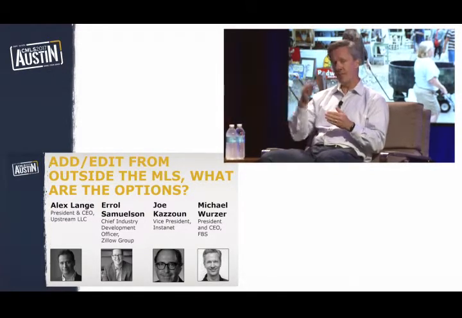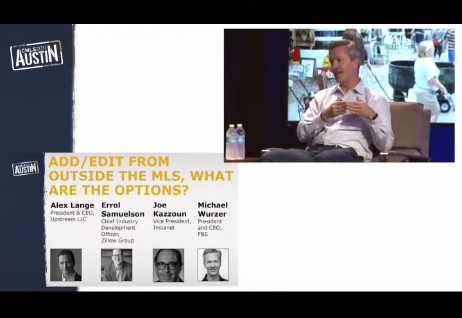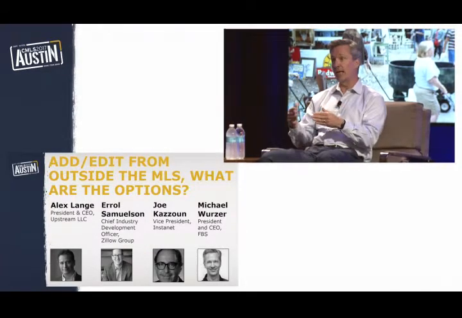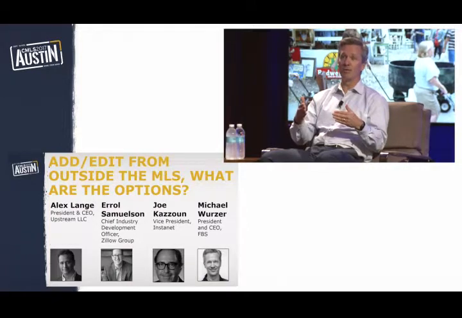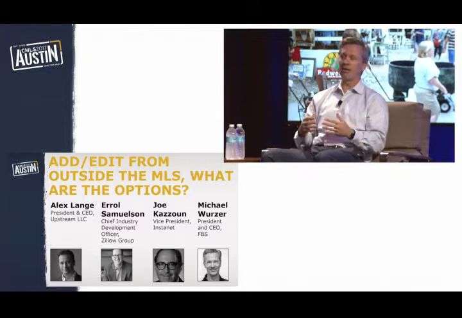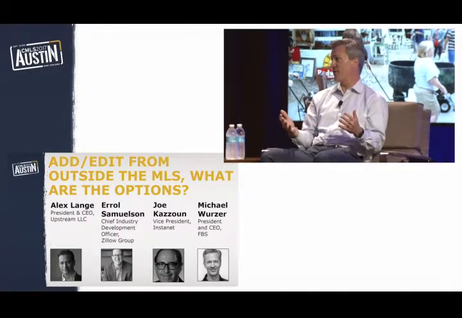And once you have that investment made, it takes on a life of its own. You just look at what's happening with the RESO Web API and how much work it is to move people along. I mean, think how long it took us to get people off of FTP, for crying out loud.